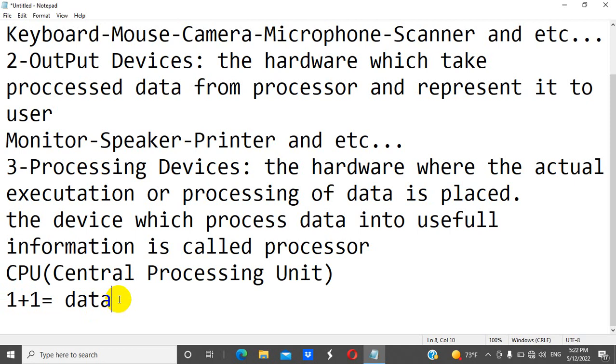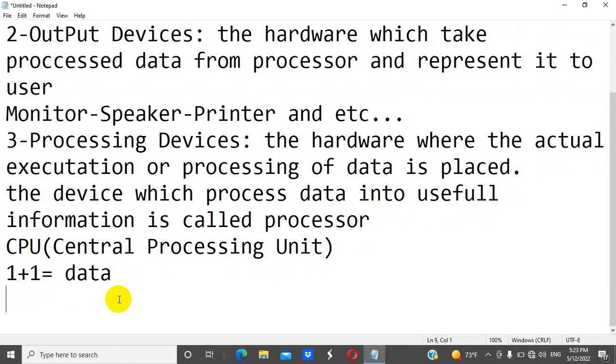That's the data. You are hearing it by what? By your ear. Your ear is an input device. By your ear, you can hear my sound.